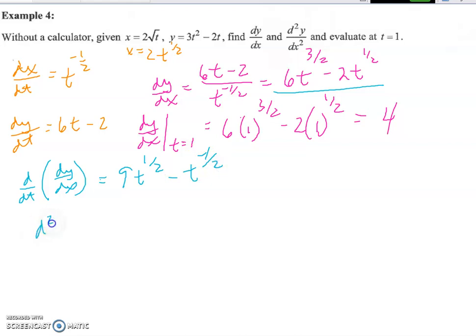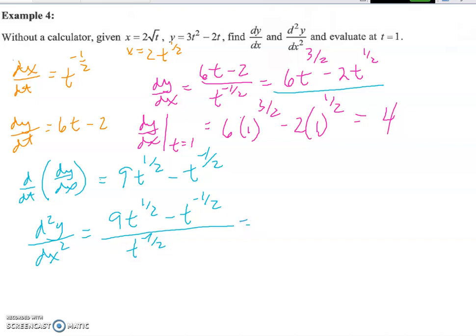Alright, so to find d2y/dx2, we're going to take what we just found, so 9t to the 1/2 minus t to the negative 1/2, and divide by dx/dt. So dx/dt was t to the negative 1/2. So just like we simplified earlier, I can divide each term by that like base.